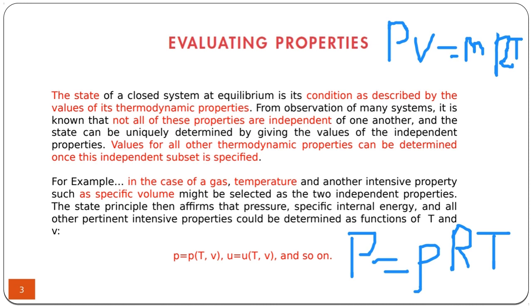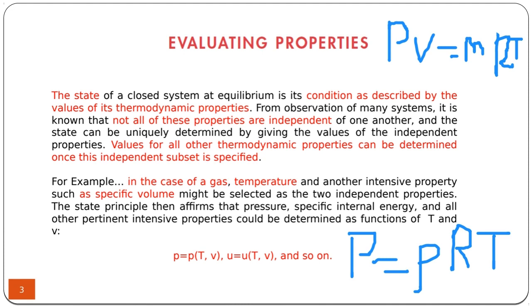However, during the phase change, which means changing the phase of a substance from solid to liquid or liquid to gas, there are only two properties that are related to each other. So at a given pressure during the phase change, if you know the pressure, you know the temperature, or vice versa. These temperatures or pressures during the phase change are called saturation temperatures or saturation pressures.